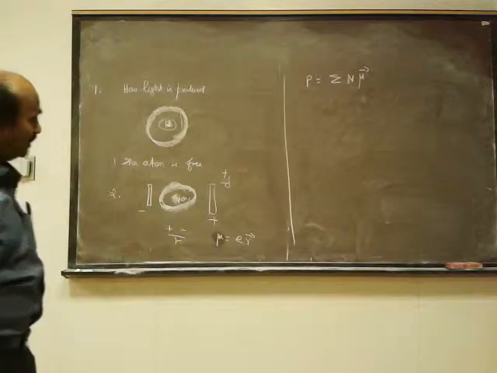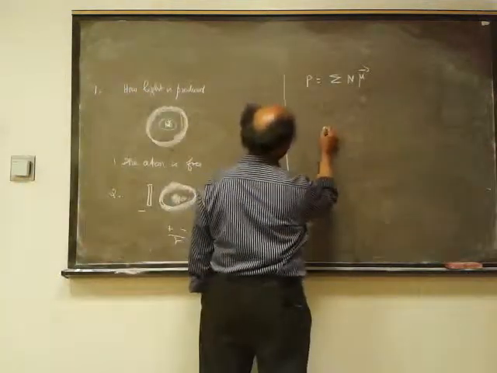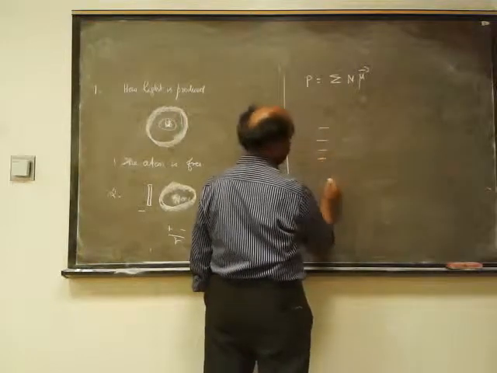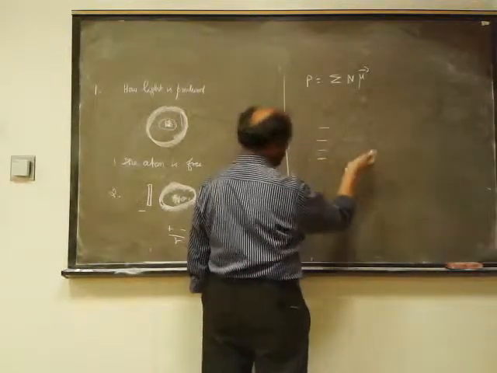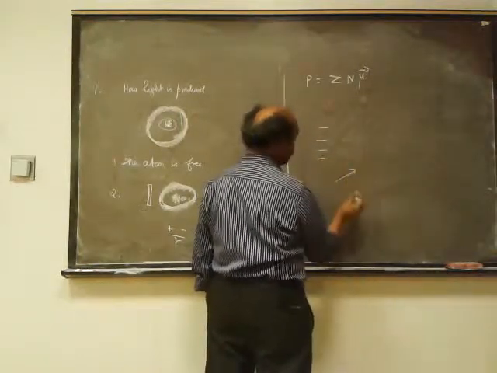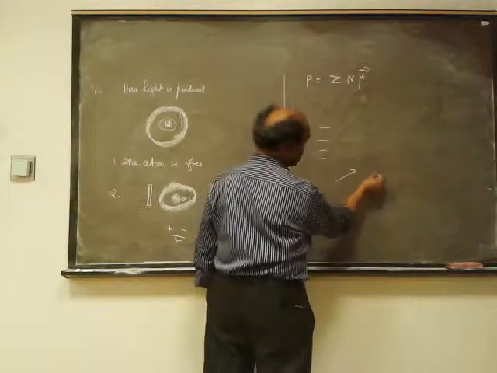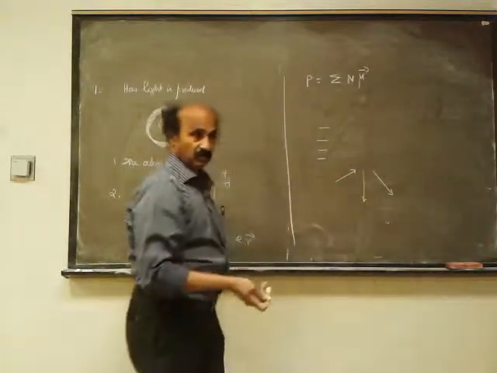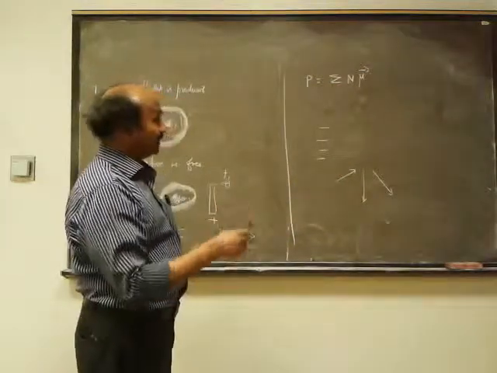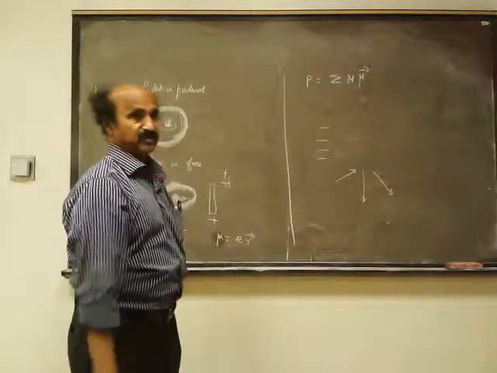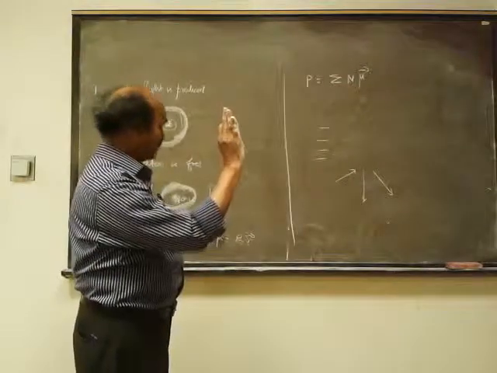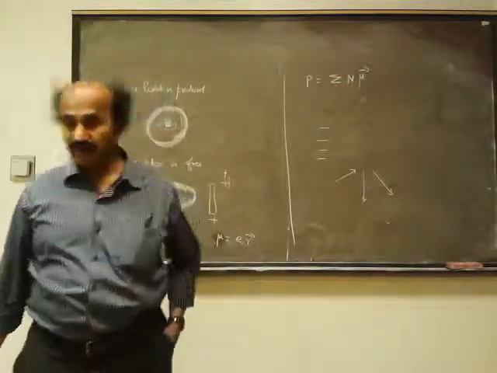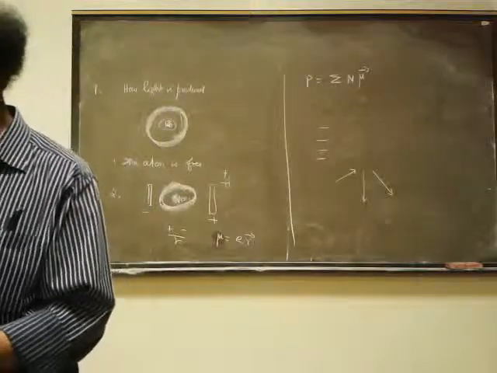You don't expect all the atoms to be oriented like this one. There are so many of them. Some atoms will be oriented like this. Some will be oriented like this. Some may be oriented like this. So you must find the vector sum of all the dipole moments. That is called polarization. That is how you define polarization.